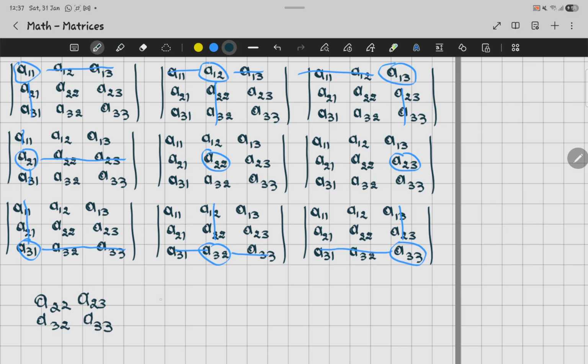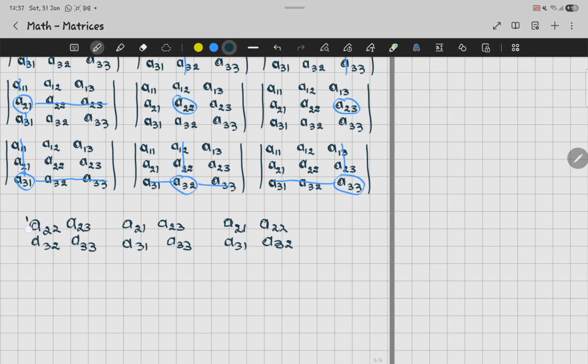The second one is going to be A21, A23, A31, A33. Here it's going to be A21, A22, A31, A32.